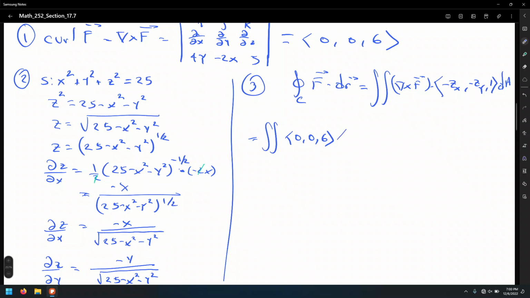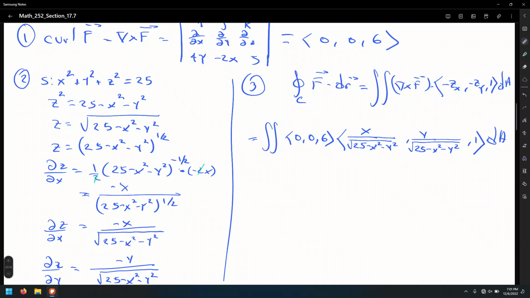So that's going to be x over the square root of 25 minus x squared minus y squared, comma y over the square root of 25 minus x squared minus y squared, comma 1, and let me still call this dA.